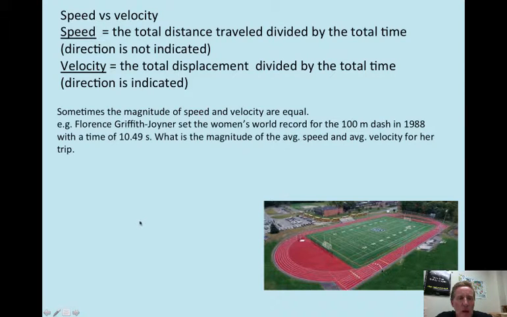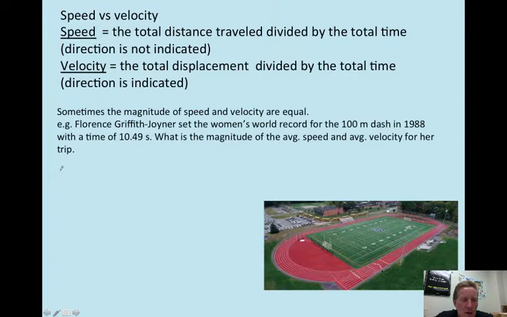Okay, and then sometimes they are the same. So let's do an example where they are going to be the same. Florence Griffith Joyner set the women's world record for the 100-meter dash in 1988 with a time of 10.49 seconds. What is the magnitude of the average speed and average velocity for her trip?